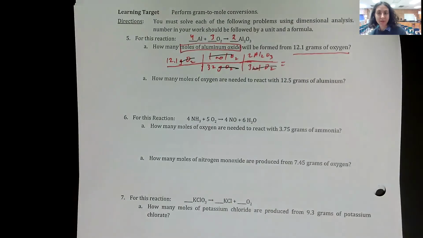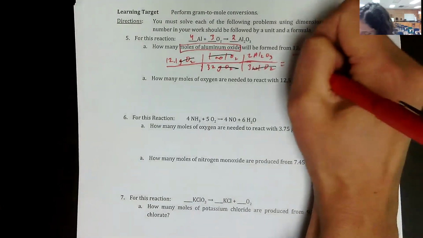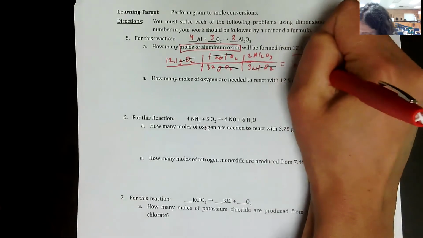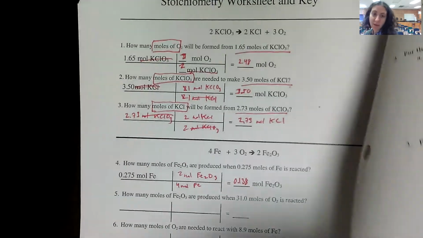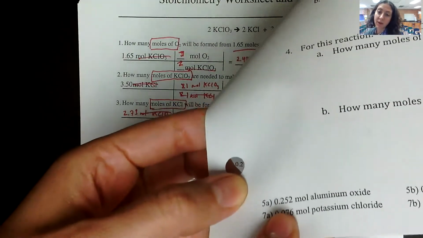And now we just have to do the math, which is 12.1 divided by 32 times 2 divided by 3. It's not going to be a very big number. In fact, it is 0.25 moles of aluminum oxide. Let's double check. Yep, that's the correct answer.